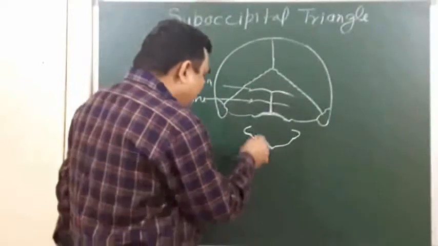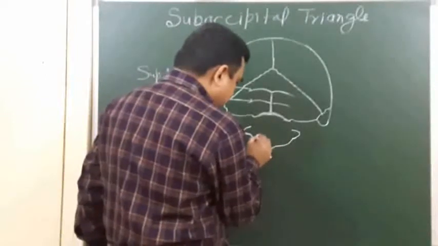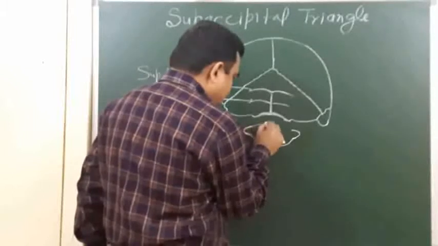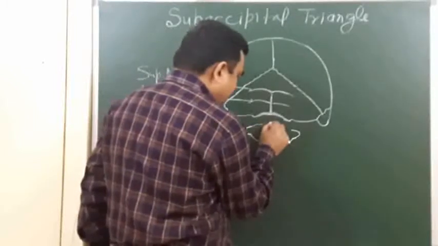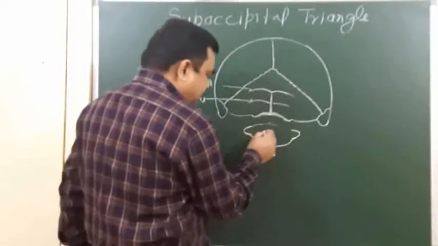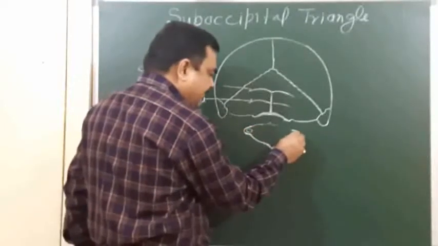This is the posterior arch of the atlas. This is the anterior arch. Here is the foramen transversarium.